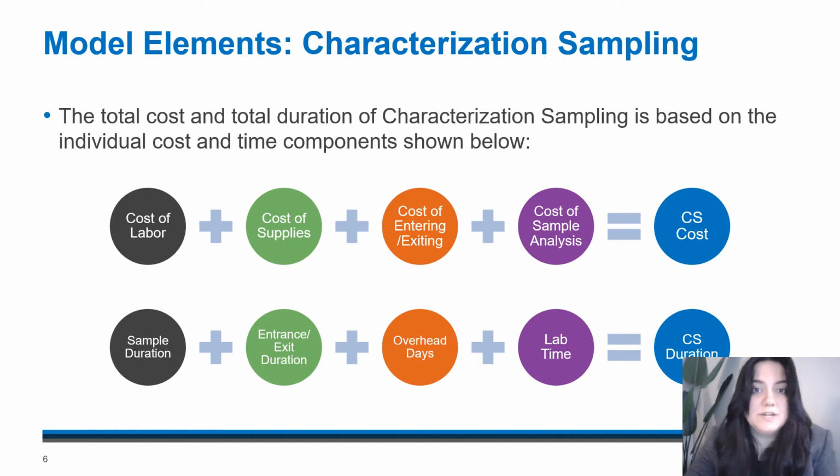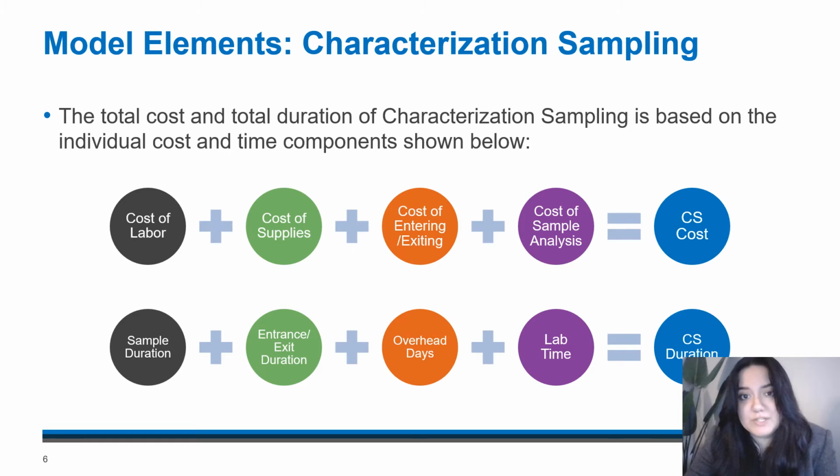The total cost of characterization sampling is based on the cost associated with characterization sampling personnel, the cost of any supplies and rentals required for sampling, the cost associated with personnel entering and exiting the site area, including PPE costs, and the cost of analyzing each sample, including the costs associated with packaging and transport of samples.